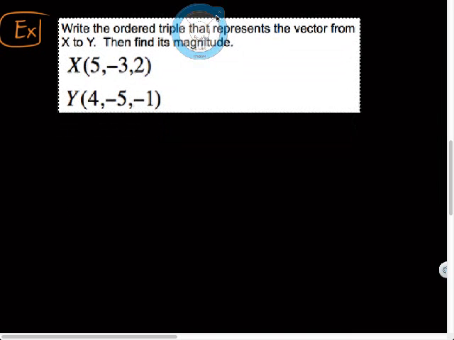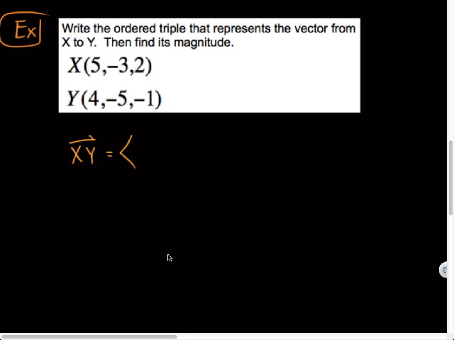So let's see. Write the ordered triple that represents the vector from X to Y, and then find its magnitude. So, vector XY is going to equal the following. I'm just going to subtract the corresponding coordinates. The terminal point has its coordinates represented first.